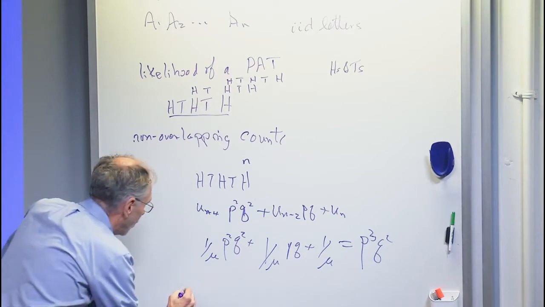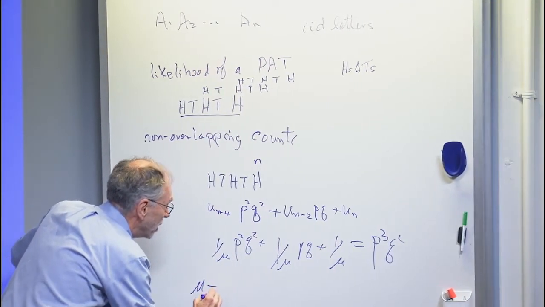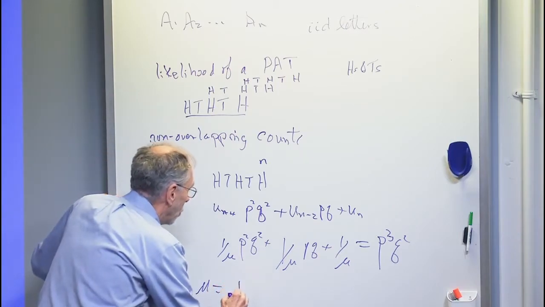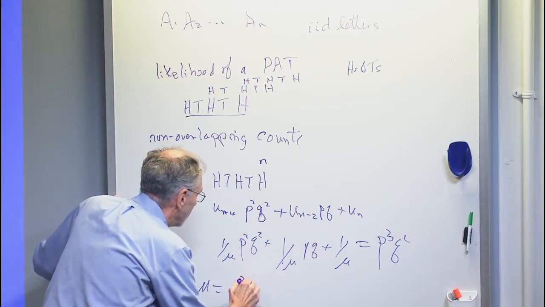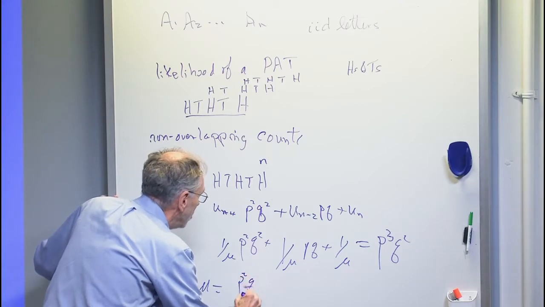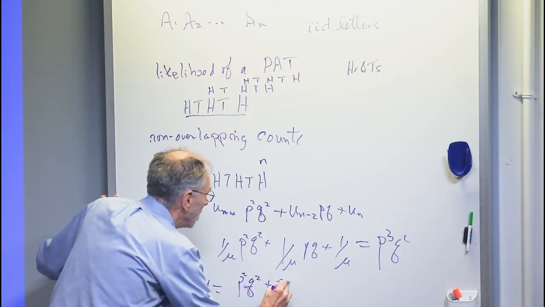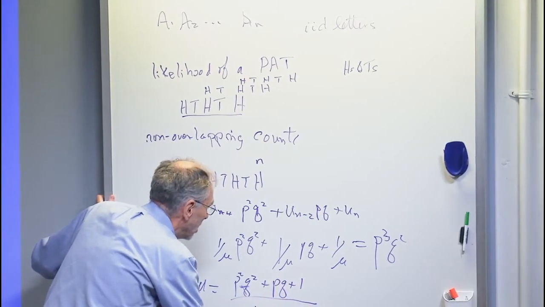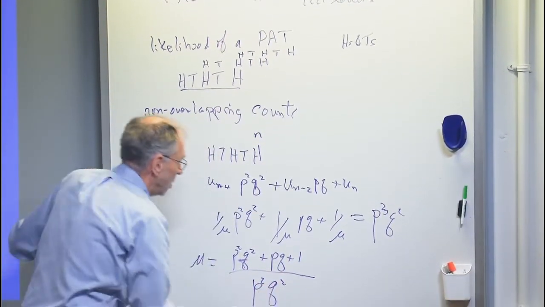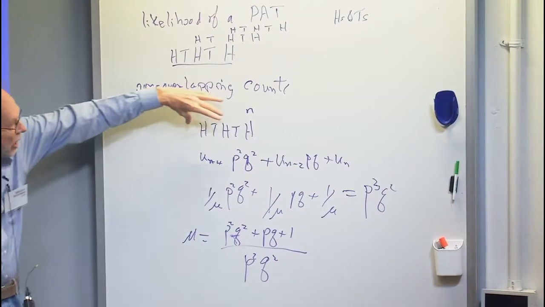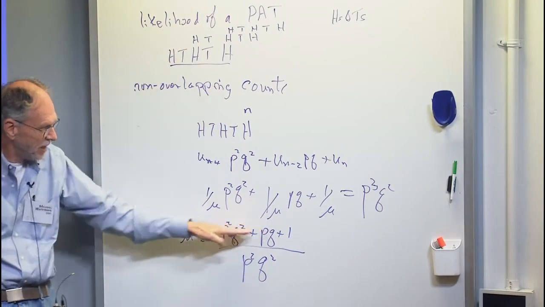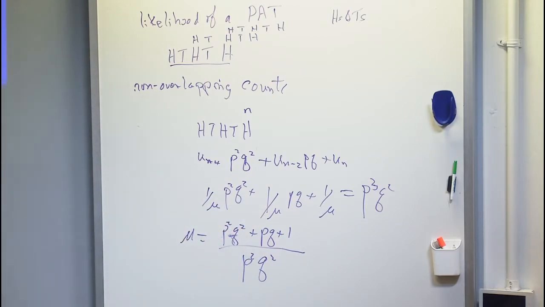So you would solve for mu being equal to 1 over P squared Q squared plus 1 over PQ plus 1 over P cubed Q squared. So you'd expect the time until you get to the next occurrence of this to be 1 over its probability. Because you trimmed those guys off, you've made longer spacings.